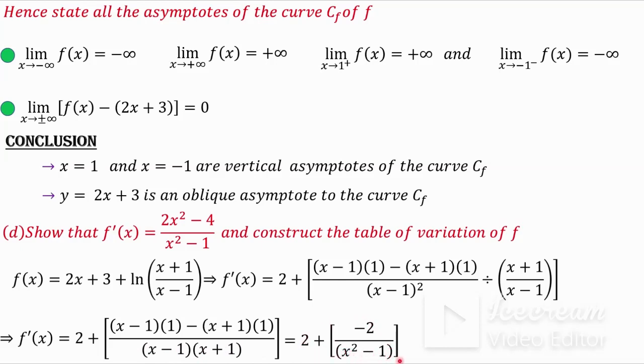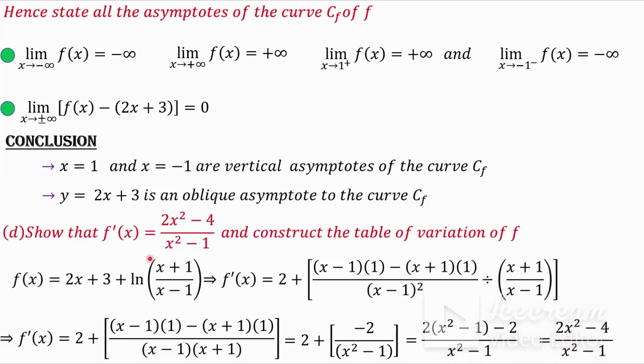Looking for the LCM, we obtain 2 times x squared minus 1, then minus 2, all divided by x squared minus 1. Simplifying furthermore, 2 times x squared is 2x squared, 2 times -1 is -2, then -2 minus 2 gives -4, all divided by x squared minus 1.